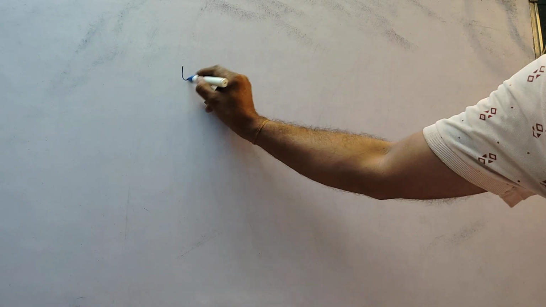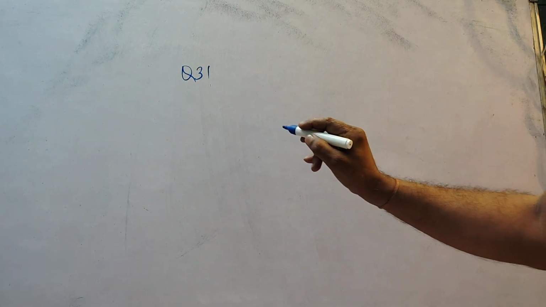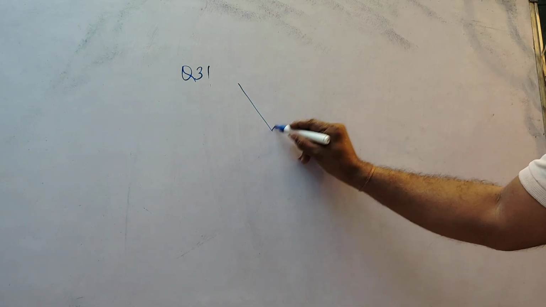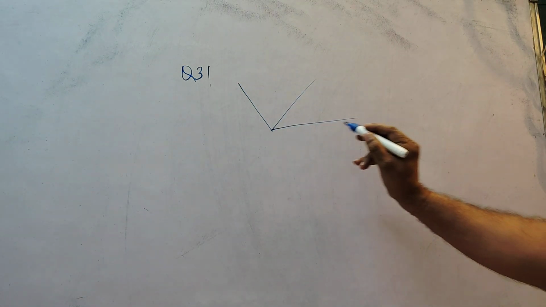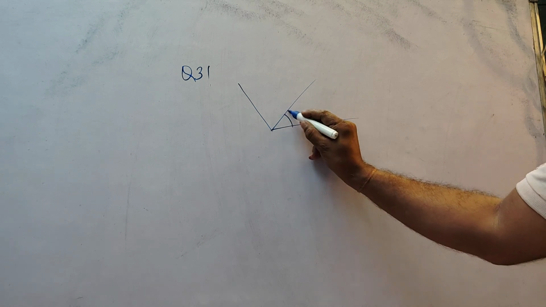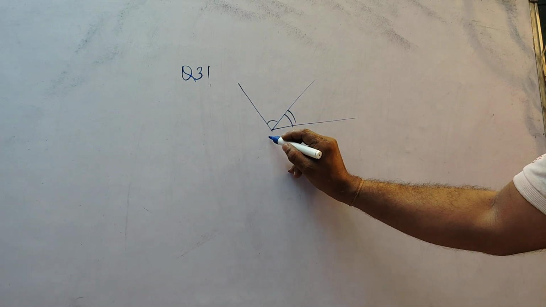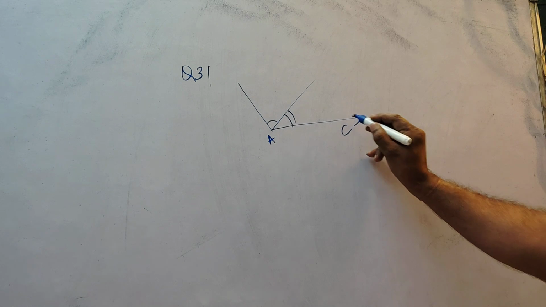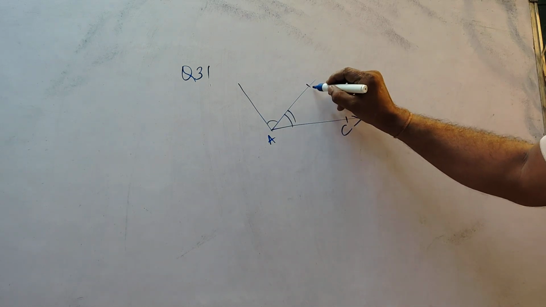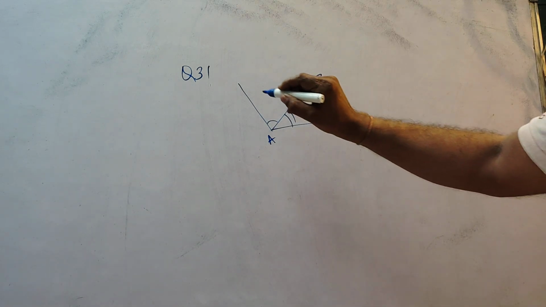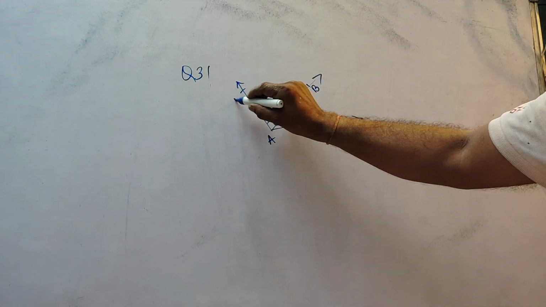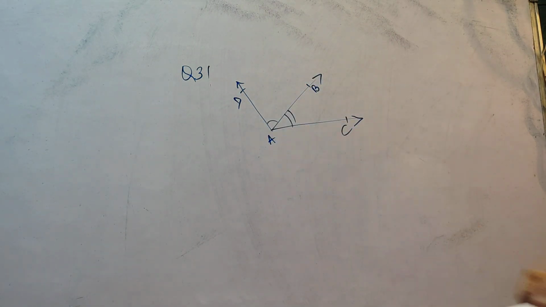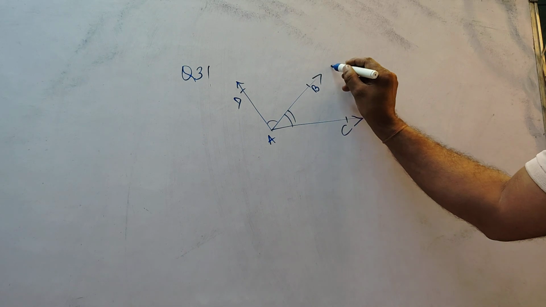Question number 31. In question 31 there are A, C, B and D. The vertices are given.